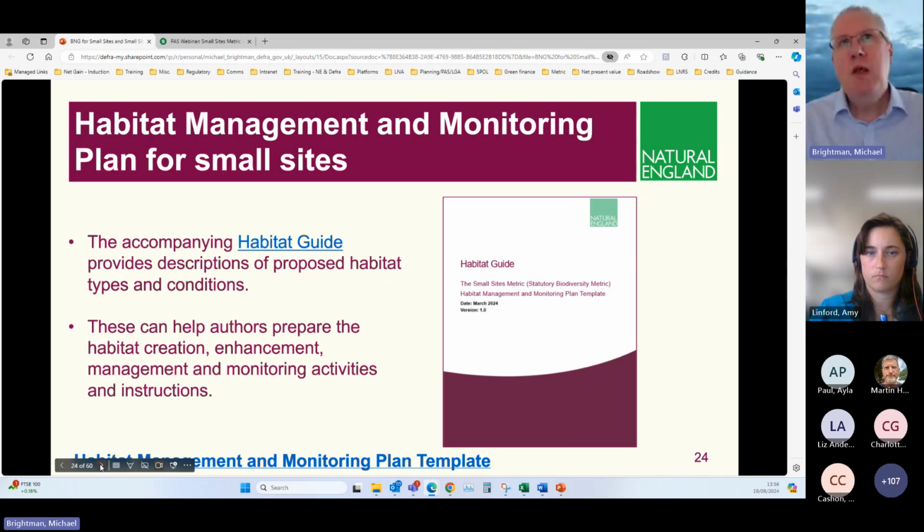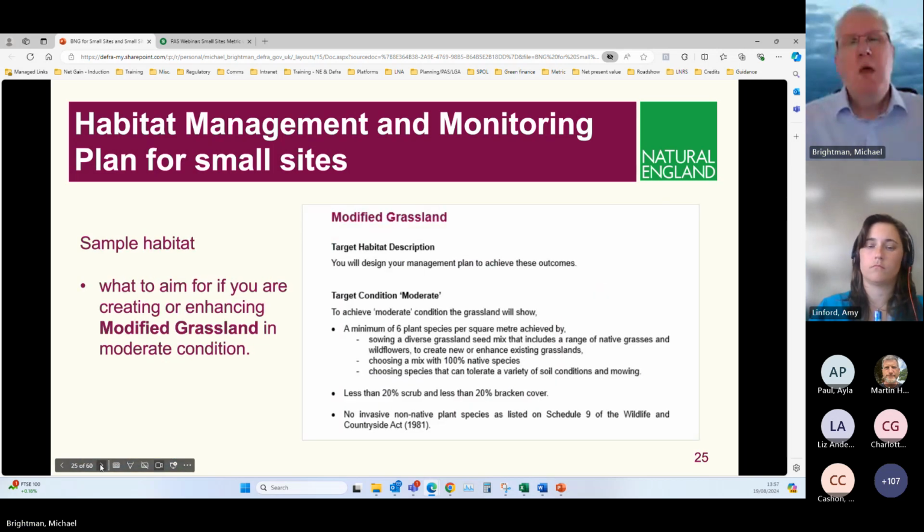Accompanying it is a habitat guide. The habitat guide for the small sites metric HMMP provides descriptions of proposed habitat types and conditions, and therefore this guide can help authors prepare the habitat creation, enhancement, management and monitoring activities that are required. An example here is of modified grassland, with information on what to aim for if they're creating or enhancing modified grassland in moderate condition.